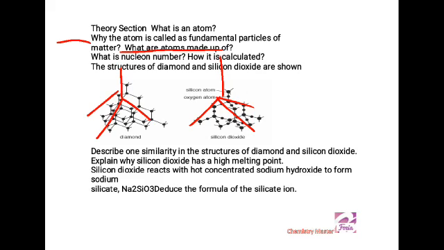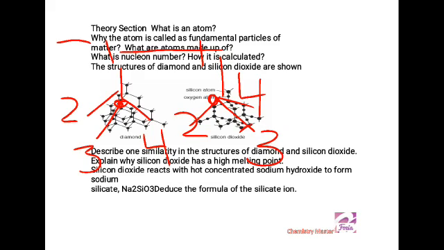So you see every single atom is bonded to 4 atoms, like 1, 2, 3 and 4, and here this atom is again bonded to 1, 2, 3 and 4.